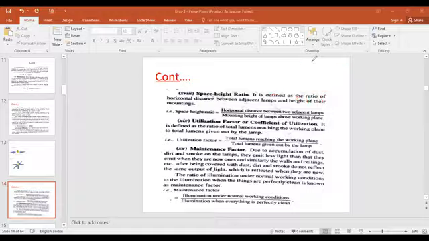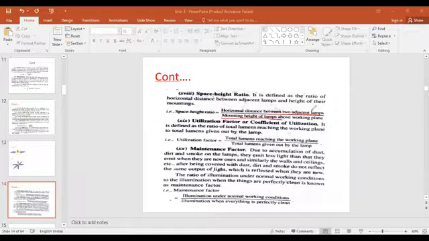So, the horizontal distance between two adjacent lamps upon the mounting height of the lamp above the working plane. That is the space to height ratio. Is this clear? Space to height ratio.